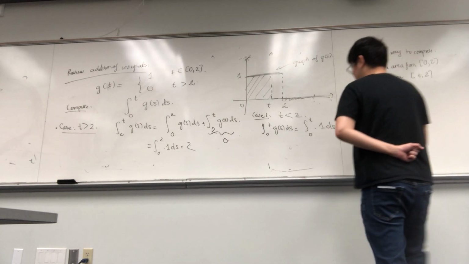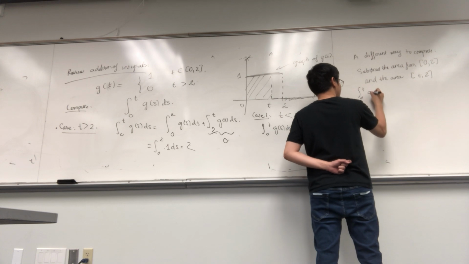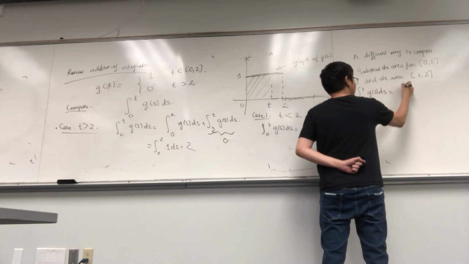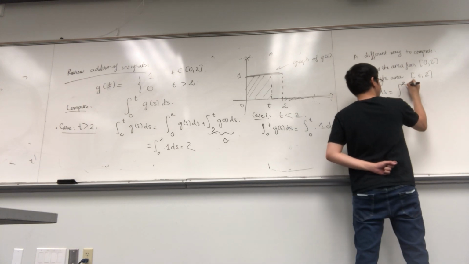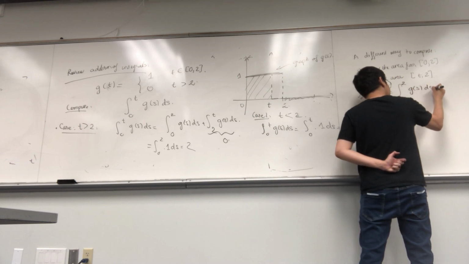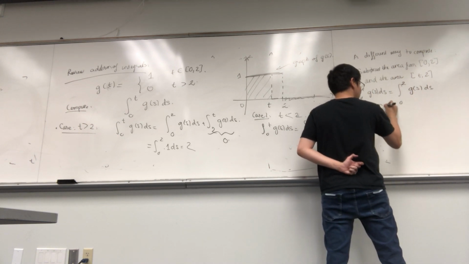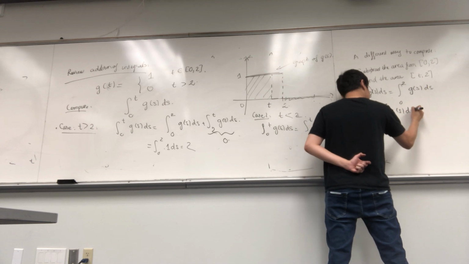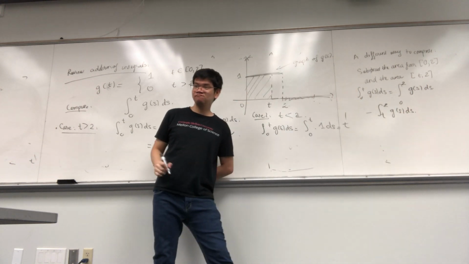So the integral from 0 to t of g(s) ds is going to be the integral from 0 to 2 of g(s) ds minus the integral from t to 2 of g(s) ds. All right?